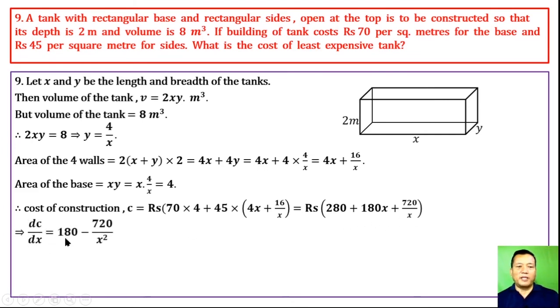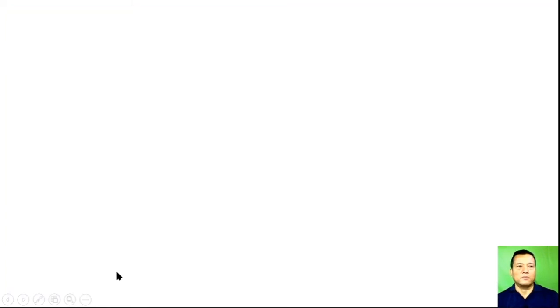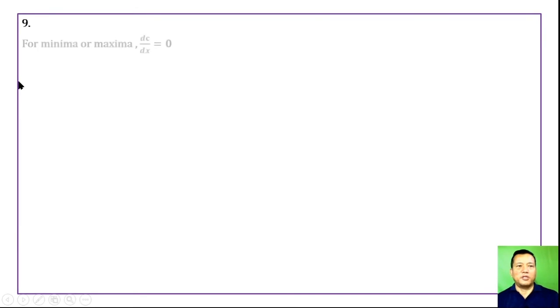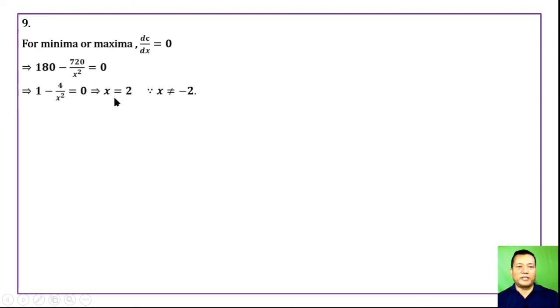Now dC by dx, differentiating this with respect to x, we get this, and its second order derivative is also this. For minima or maxima, dC by dx should be 0. This gives this value. From this we have x is 2. x cannot be minus 2.